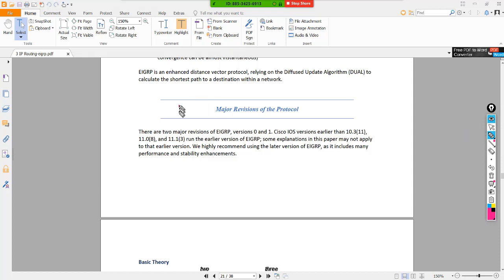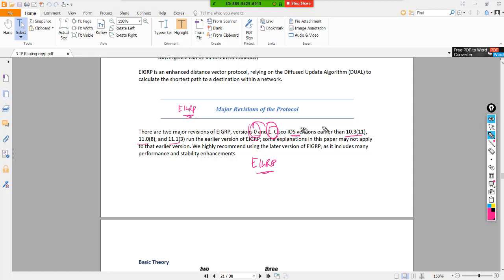Regarding some changes of EIGRP, there were two different EIGRP versions, version 0 and version 1. In the earlier Cisco IOS versions, 10.3, 11.0 and 11.1, there were these two versions of EIGRP. But as of now, we only have one version. You will not see any platform where you will see version 0 or version 1.